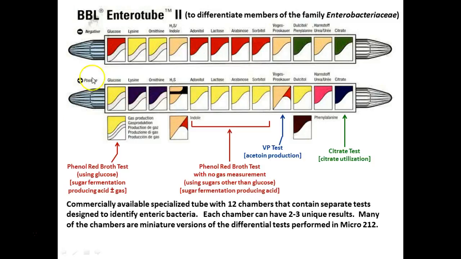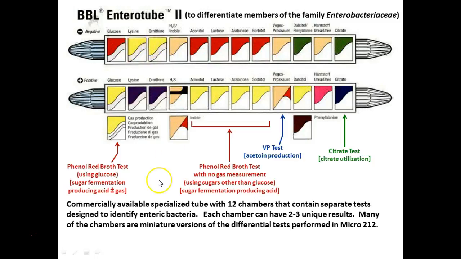So here it would push up the wax. And again, same yellow color change for acid because it's phenol red. And guess what these guys are? Adonitol, lactose, arabinose, sorbitol. These are all sugars. These are all phenol red agar, and they will turn yellow in the presence of acid if they actually ferment that sugar. We can't tell gas production because there's no wax in these chambers.